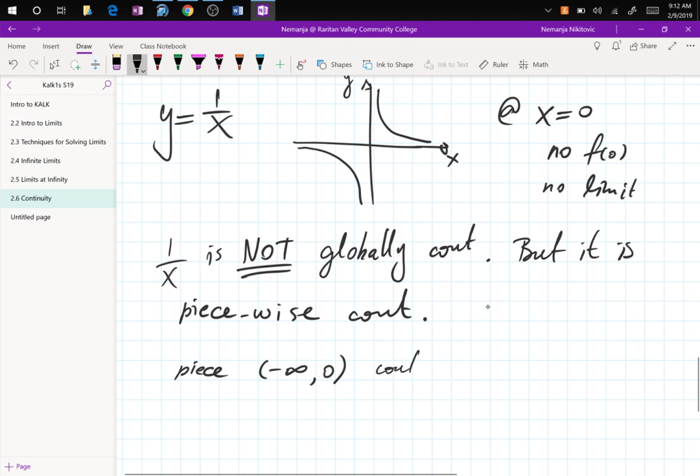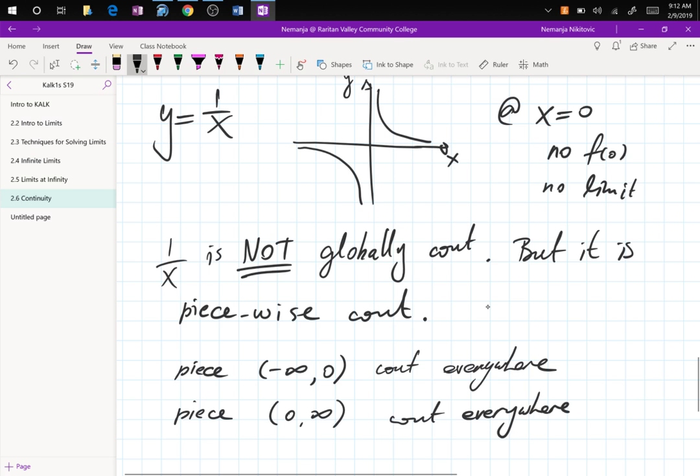It's continuous everywhere, and there is another piece, 0 to infinity, continuous everywhere. So 1 over x being discontinuous, we don't get to throw it in the garbage. Maybe we need just a part.